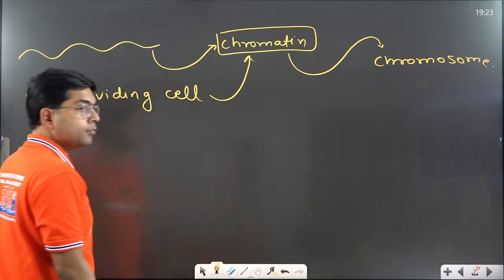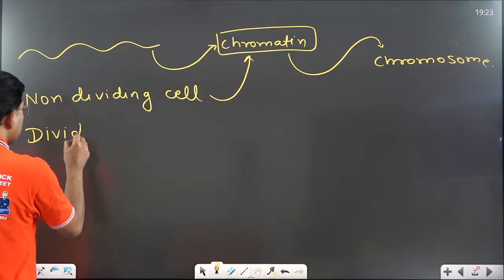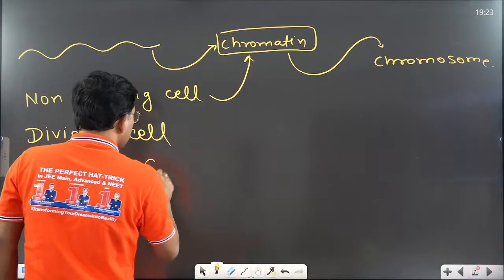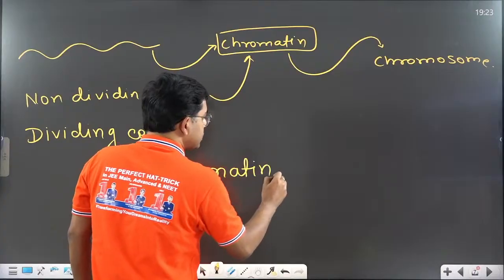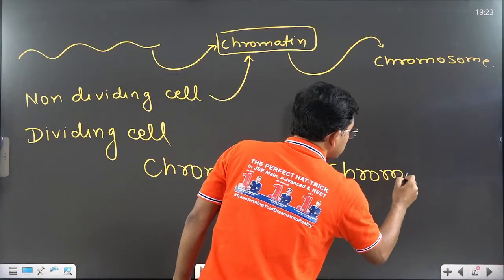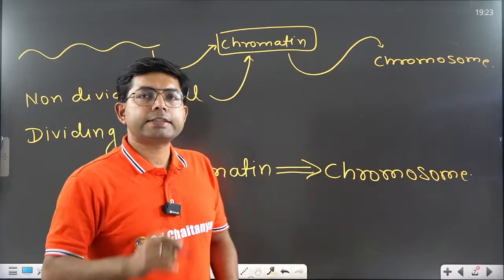Chromatin is present. But when the cell becomes a dividing cell, what will happen? The chromatin, which is a thread-like structure, will get converted into chromosome.